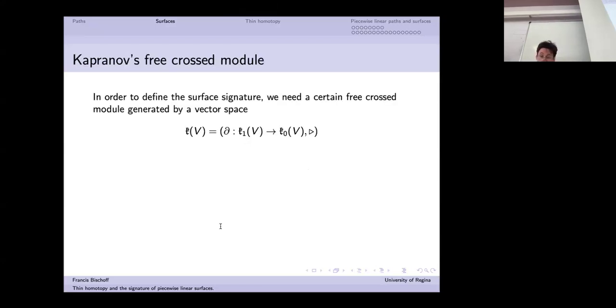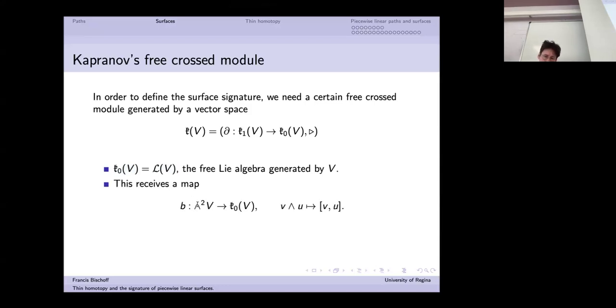Okay. So the free crossed module of a vector space. You have two Lie algebras, K0 and K1, you have a map delta, and then you have this action. K0 is going to be the free Lie algebra generated by V that we considered before.